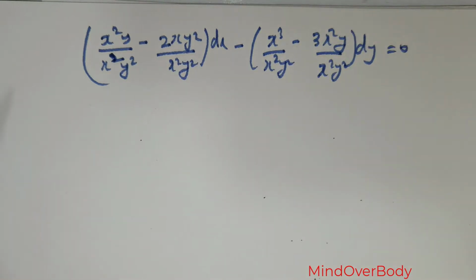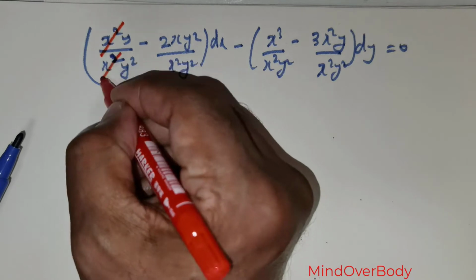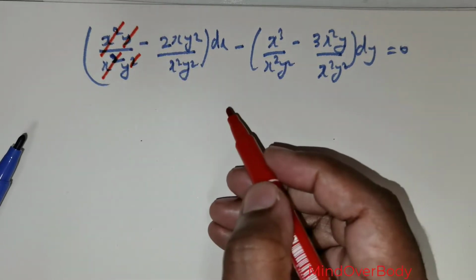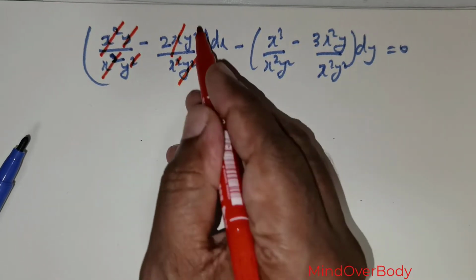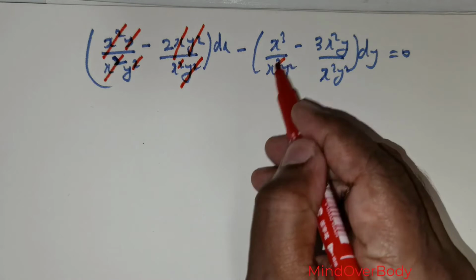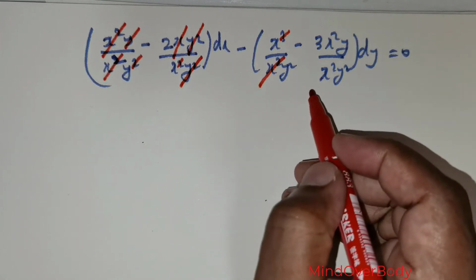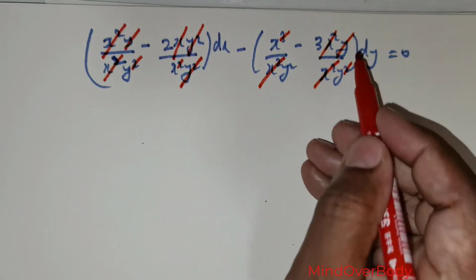Now what we would do is cancel the terms: the x squared cancels, the y and y cancel, the x and x cancel, the y squared and y squared cancel.